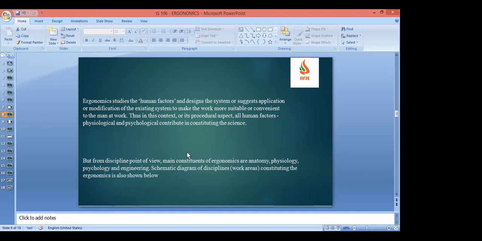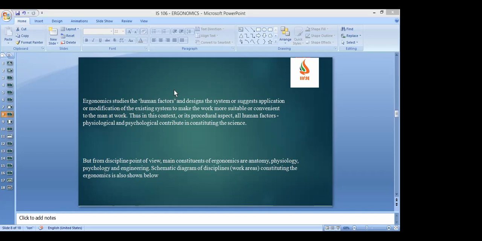Next, ergonomics studies the human factors and designs the system or suggests application or modification of existing systems. The system, it is not about only a new system, it will also suggest modifications to the existing system.